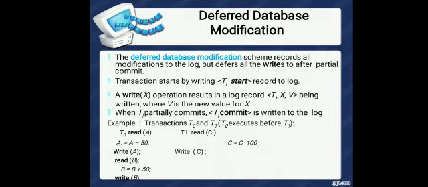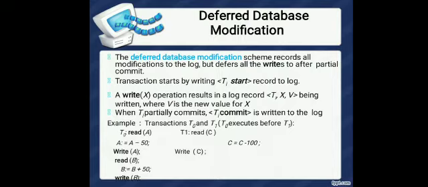Example: consider two transactions T0 and T1. T0 executes before T1. After completing T0, next T1 executes. In T0, initially the database contains a value for account A as 1000 and account B has 2000.